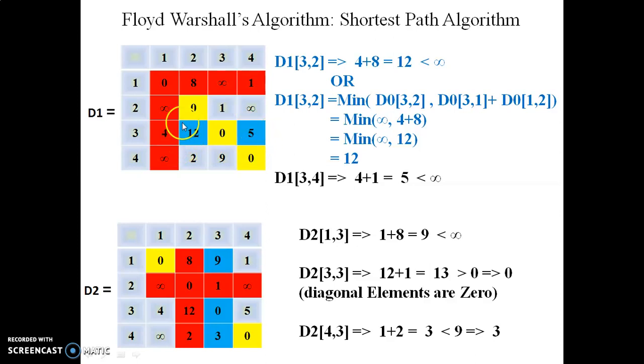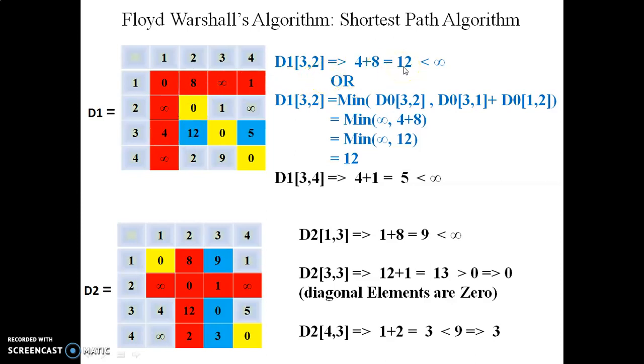Now let us understand how to obtain this particular index and this particular index. This index refers to third row and second column, so we have to write D1 of 3, 2. Now we have to observe this particular index value, which corresponds to 4 and 8.